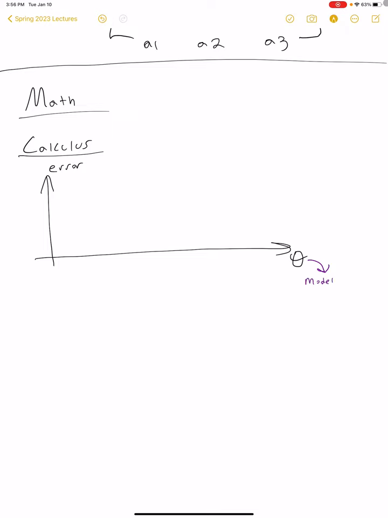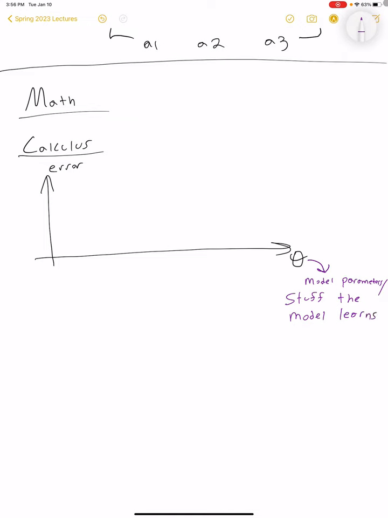So, model parameters, slash, stuff the model learns. We'll make it much more specific.